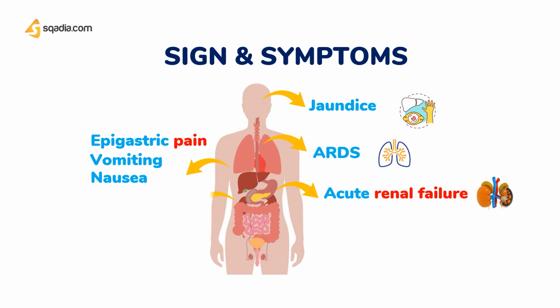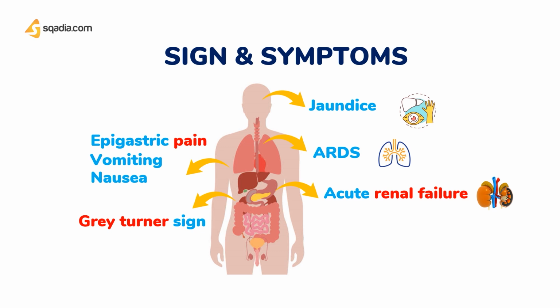Next is the Gray-Turner sign. What happens is that among the pancreatic zymogen enzymes, there is the enzyme elastase, and this elastase enzyme causes hemorrhage. It causes hemorrhagic pancreatitis, and that hemorrhage will present as bruising.